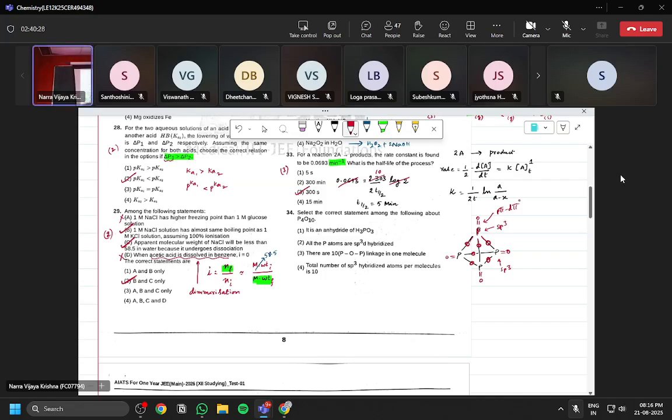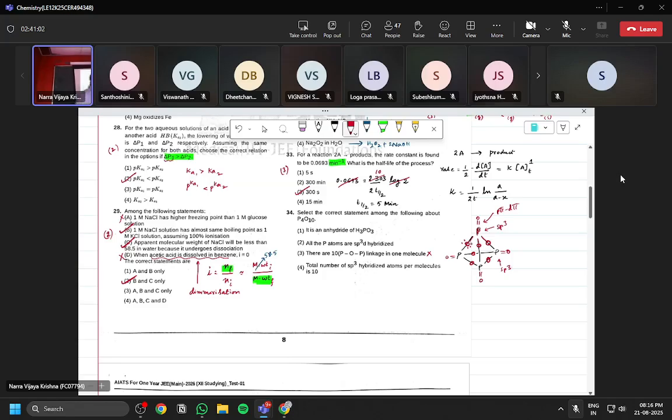Now, there are 10 P-O-P linkages. No, only 6. P-O-P links are 6. Total number of sp3 hybridized atoms per molecule is 10. Totally 10 sp3 hybridized atoms are there. 4 phosphorus. Every oxygen is sp3 hybridized. Every oxygen has 2 lone pairs and 2 bonds. So every oxygen is sp3 hybridized. So totally 6 oxygens and 4 phosphorus.